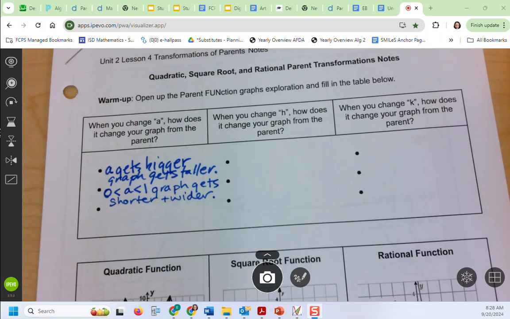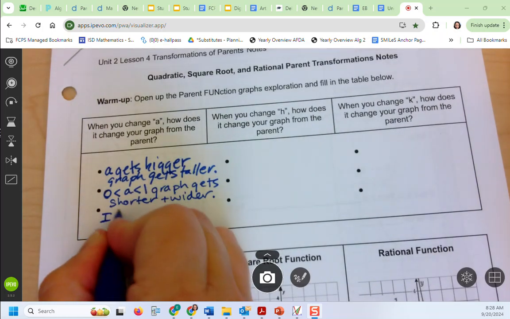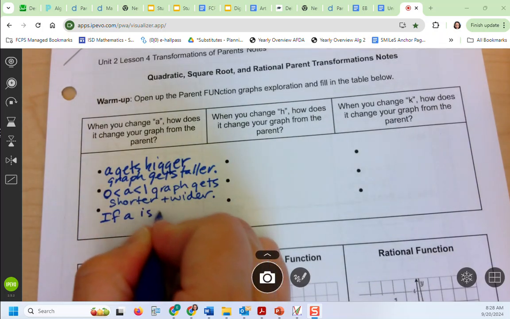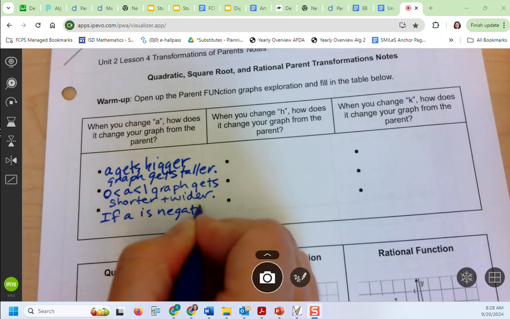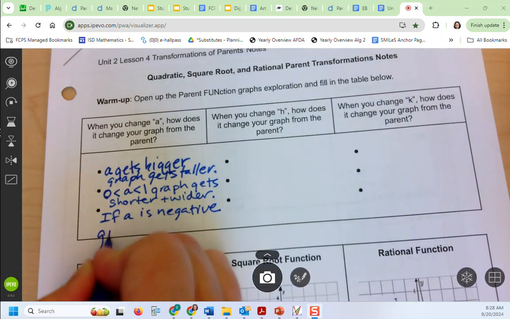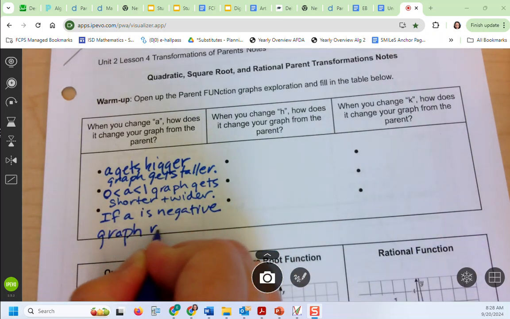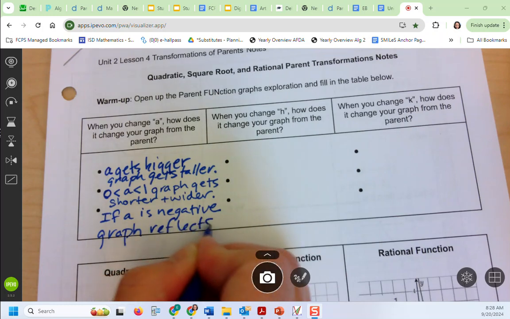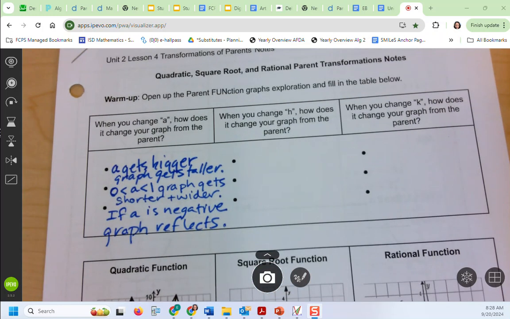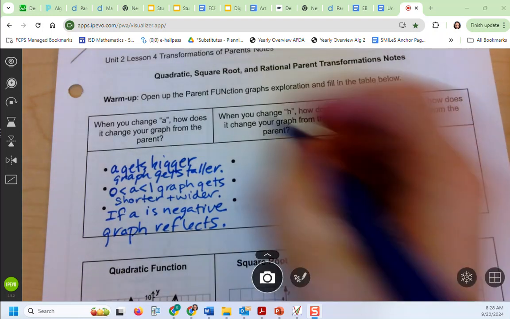And then you notice that when a was negative, your whole graph reflected. If a is negative, the graph reflects. All right, when you change h, the h was the one that was moving us left and right.